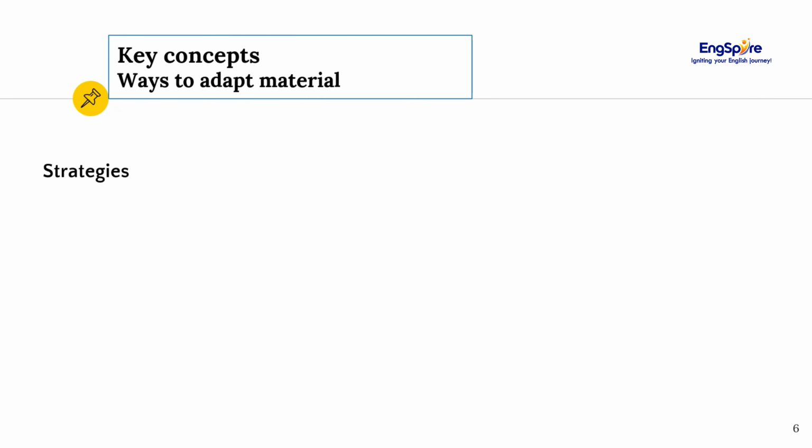Now, let's look at different ways to adapt teaching material when they do not perfectly match your lesson aim, or your classroom situations. Remember, a coursebook is a source, not a fixed lesson plan. As teachers, we can change, adjust, and personalize material to make them more effective.